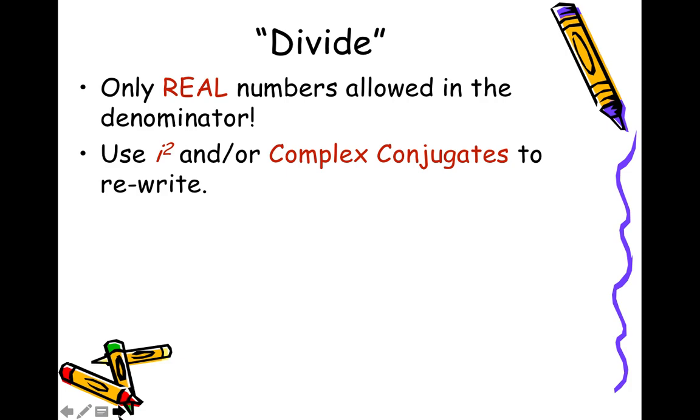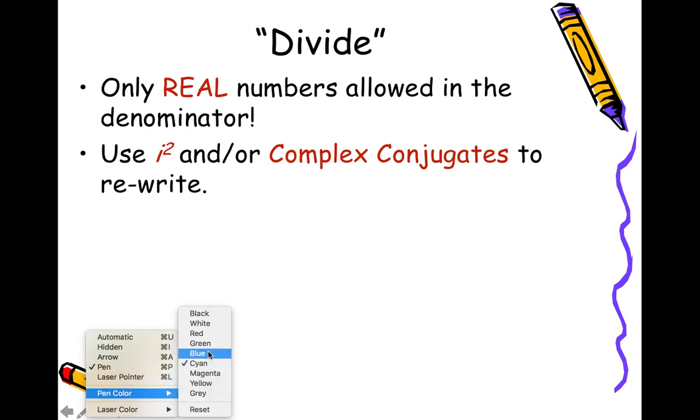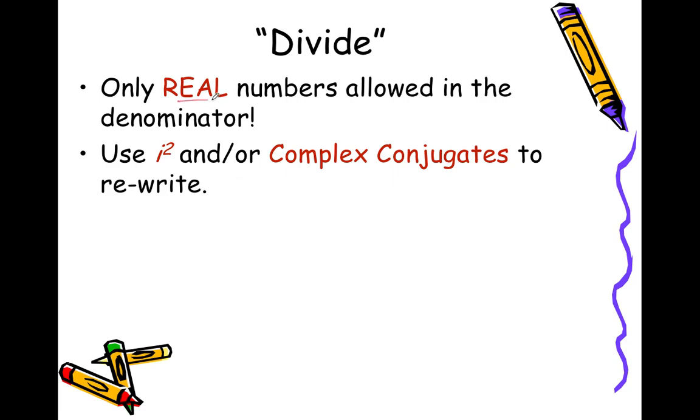You're going to use that i squared is a real number, and complex conjugates can get me to real numbers, right? If I'm in the set of complex numbers and I really want a real number, i squared is a real number, and complex conjugates can get me to a real number.